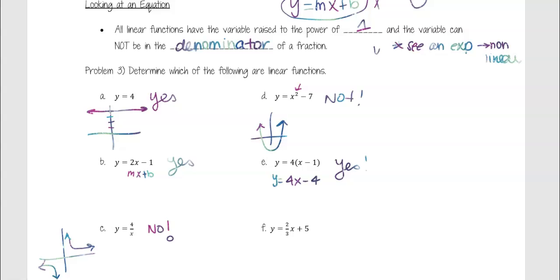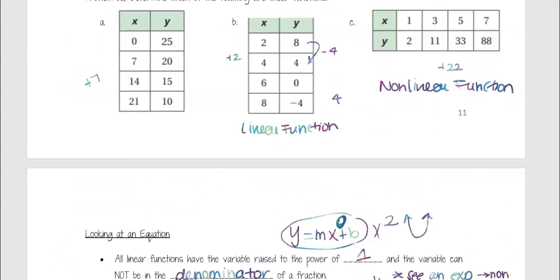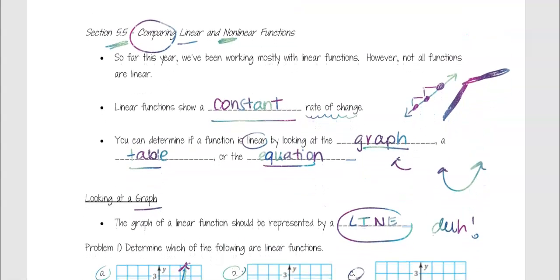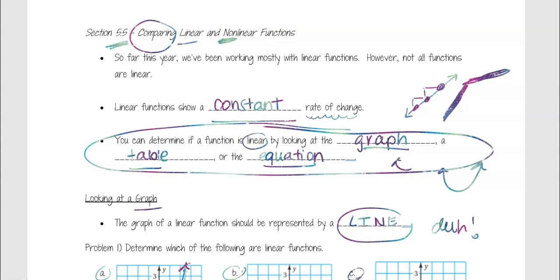We know that. Look again, here's y equals mx plus b. Yes, it's a linear function. Okay, that one's short and sweet. We need to be able to compare linear and nonlinear functions by looking at a graph, table, and equation. Great job, guys. That's chapter 5.